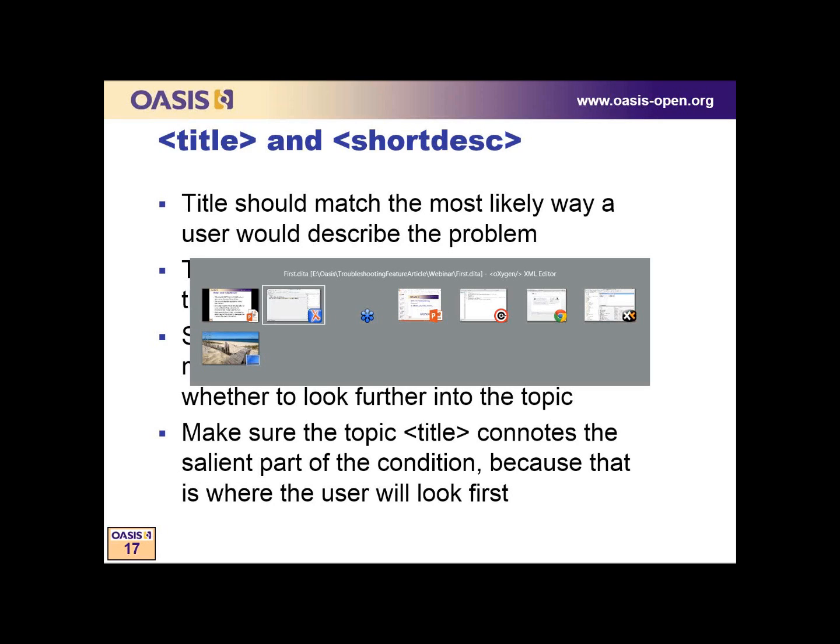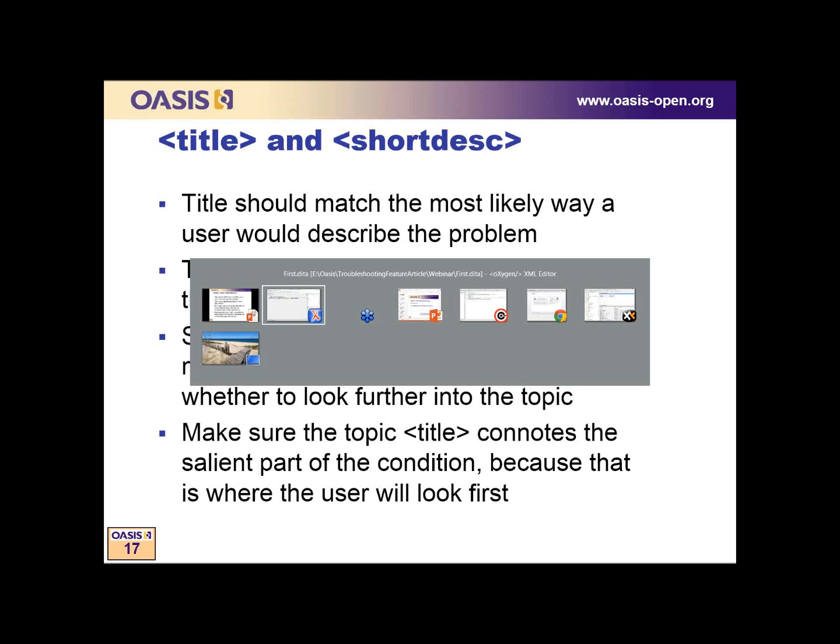The title is the most likely way that the user would describe the problem. So really what you need to do in this case is to put yourself in the mindset of the user. How are they most likely to describe their problem or think about their problem while they're searching for a way to fix it? The title should talk about symptoms rather than causes.